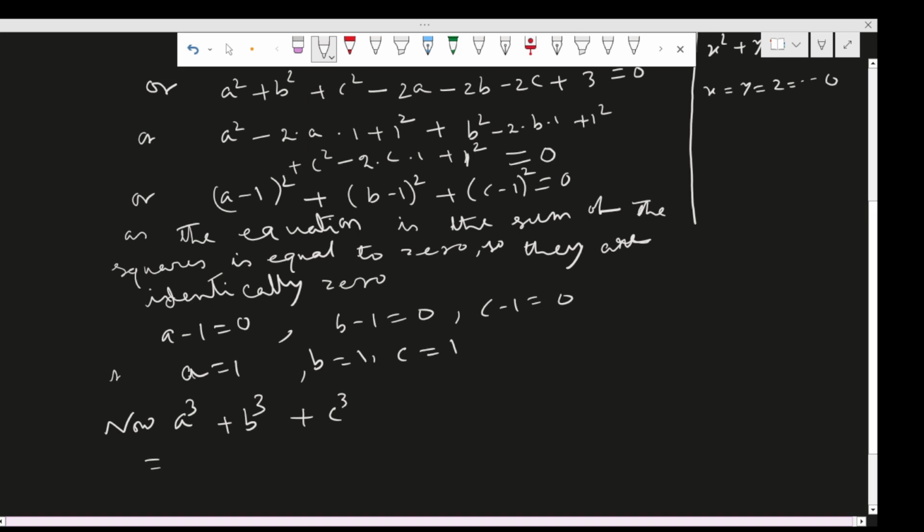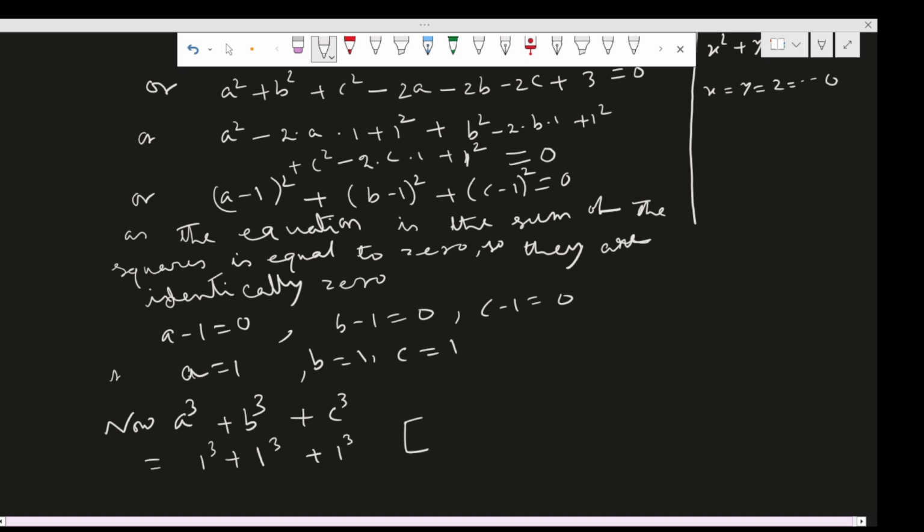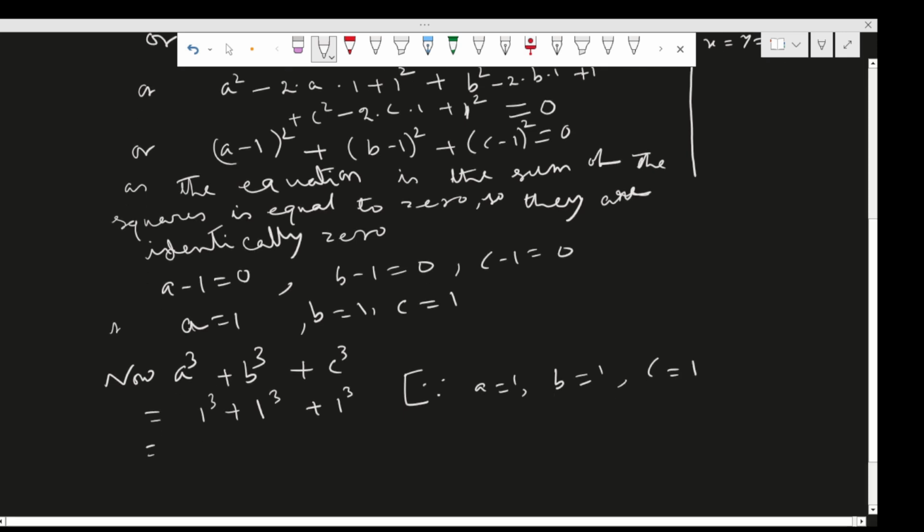Put the values: 1 cube plus 1 cube plus 1 cube, with a equal to 1, b equal to 1, c equal to 1. So 1 plus 1 plus 1 is equal to 3.